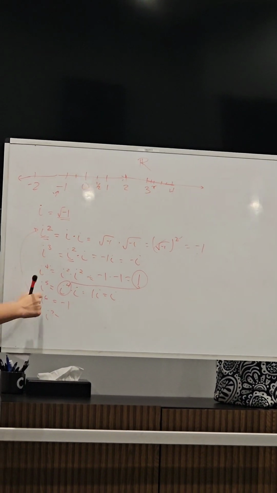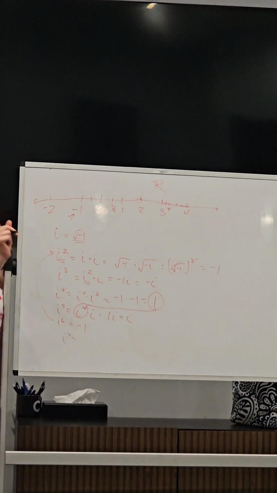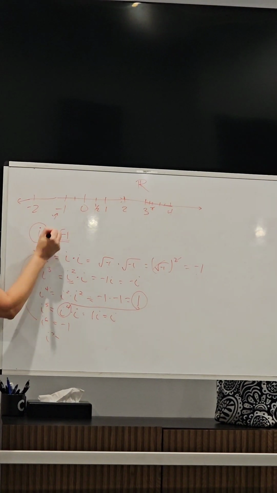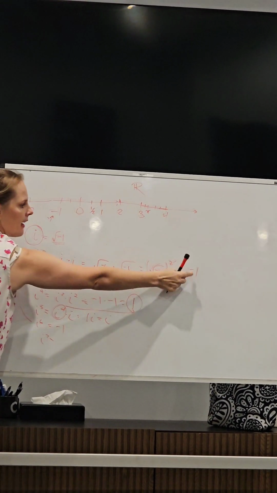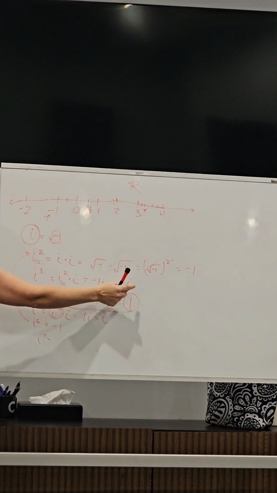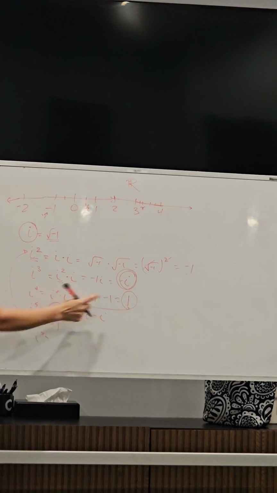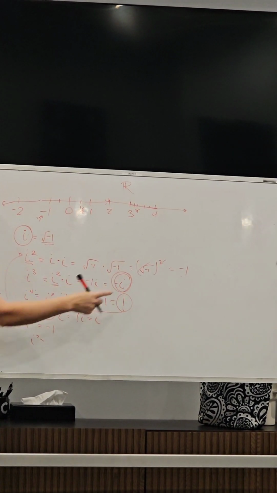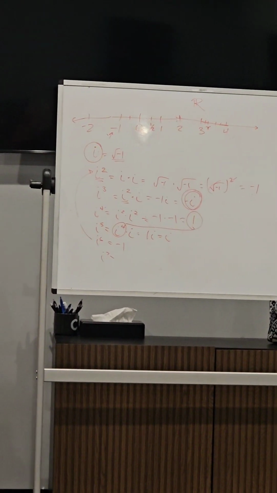It kind of keeps repeating. It's a pattern. It would go on and on forever. So we never have a power of I, because it will either be I. If you see an I squared, you simplify it to negative 1. If you see an I to the 3rd power, you simplify it to negative I. I to the 4th power goes to 1. And so on and so forth forever and ever. That was last week's math.